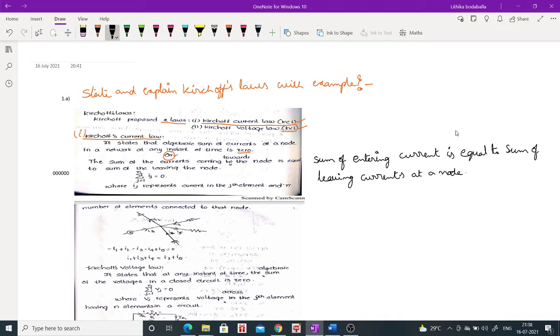So at any node in the given network, the sum of currents entering is equal to the sum of currents leaving the node. Let us try to understand this with an example.